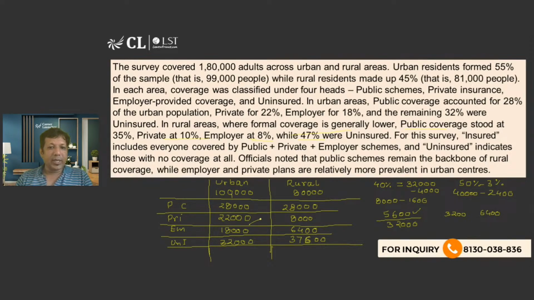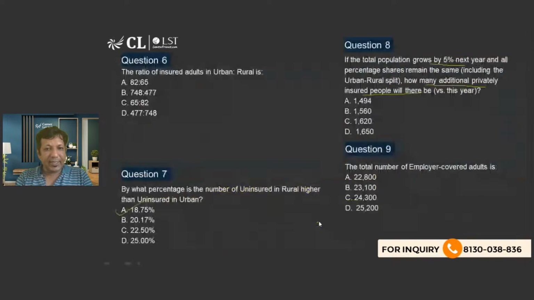That is 22,000 plus 8,000, that is 30,000, right? If the population increases by 5% and every value stays the same, those privately insured people will also increase by 5%. So the increment is going to be 1,500. Which value is closest to 1,500? That is option A. Got the answer.